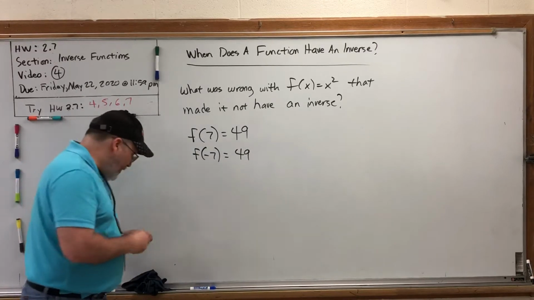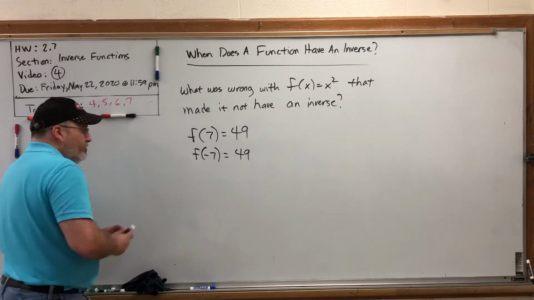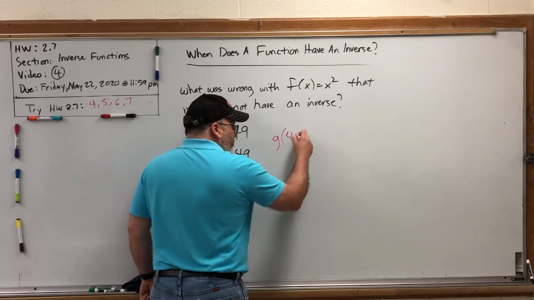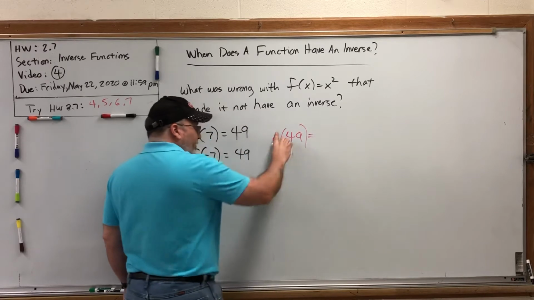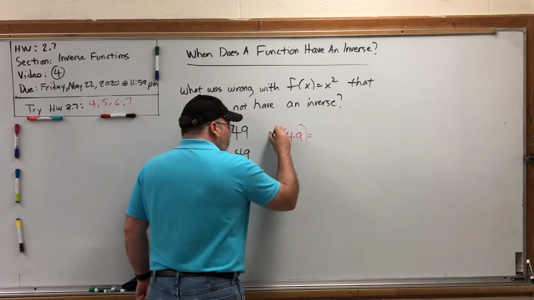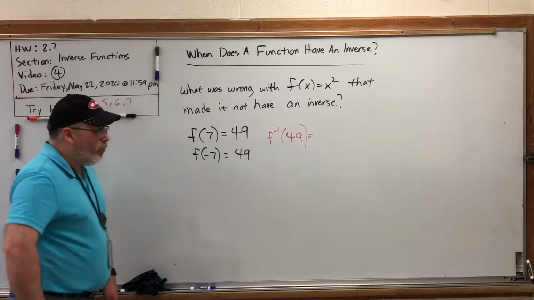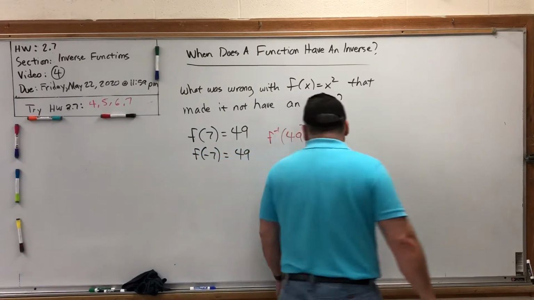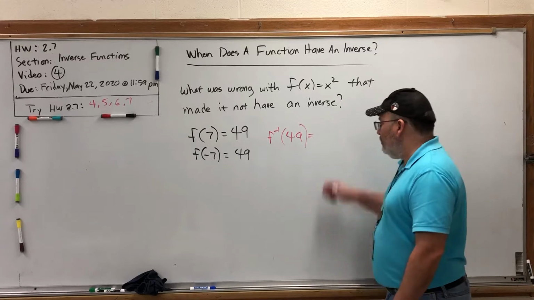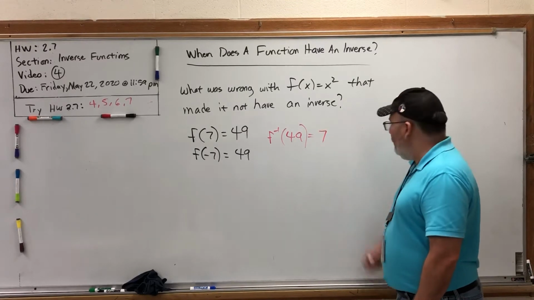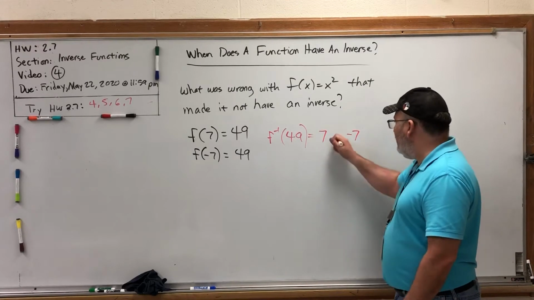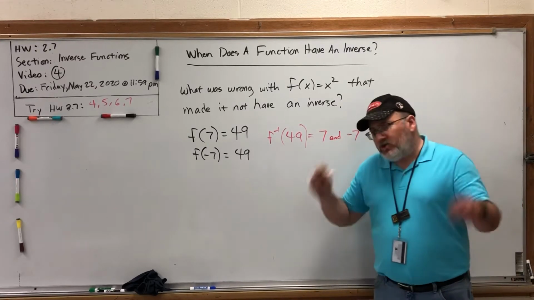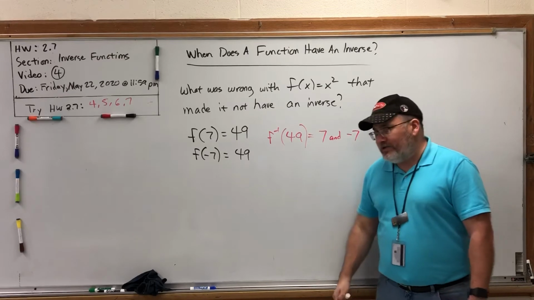Now, why is that a problem? Because if there were an inverse function, we'll call it g just for a moment. Well, actually, let's call it what we should call it, which is f inverse. If there were an inverse function of this, what would it turn the 49 back into? Would it turn it back into the 7? Would it turn it back into the negative 7? Or would it have to turn it back into both? Well, forget both. A function can only produce one value at a time.